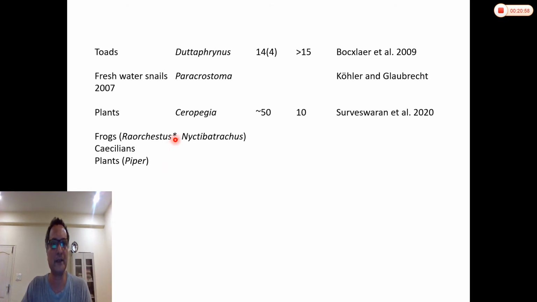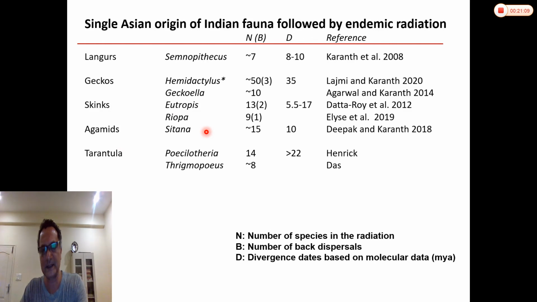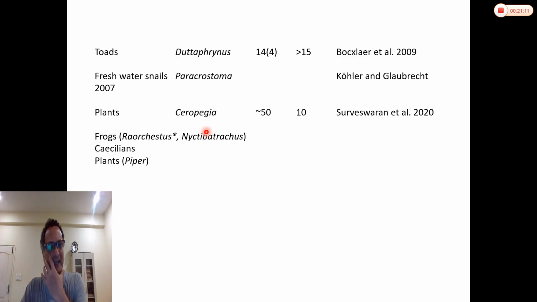And I also have a little star against some of these genera, for example the frog genus Raorchestes, as well as Hemidactylus. These groups have a really large number of species in the radiation, and we suspect they are what we call adaptive radiations. Okay, and adaptive radiations are again something found mostly on islands, and in India we are seeing some cases of adaptive radiation. I'll have a whole lecture on adaptive radiation in future, but I'll just touch upon it a little bit in this talk.